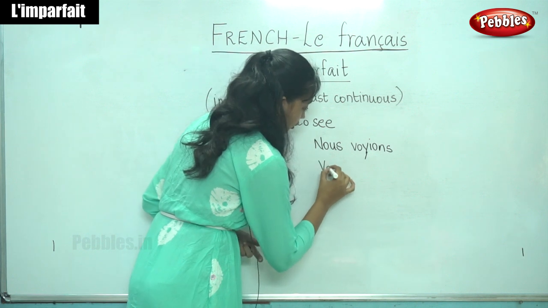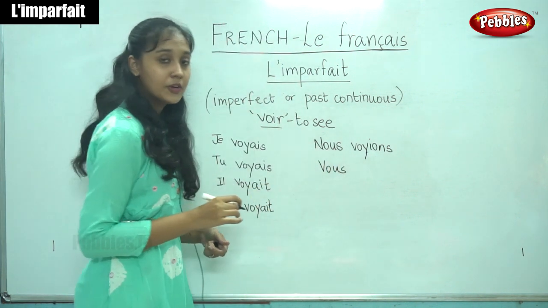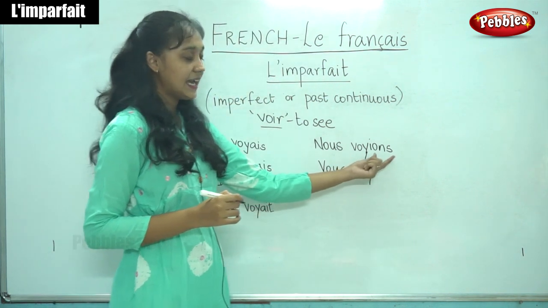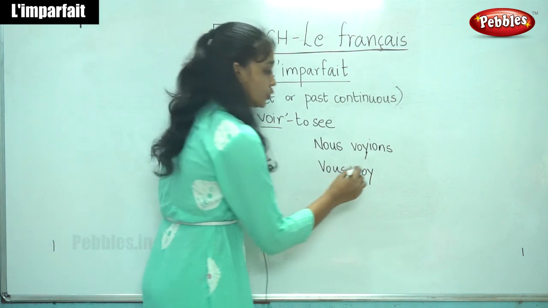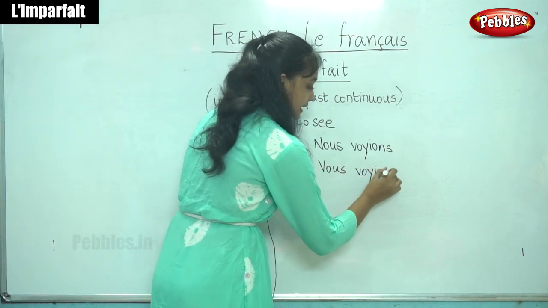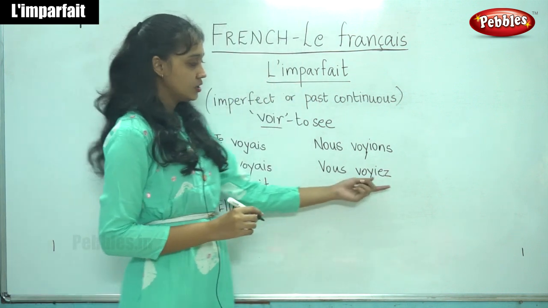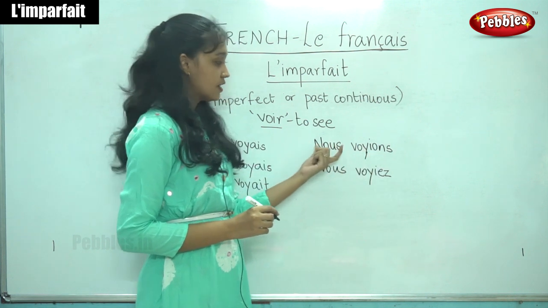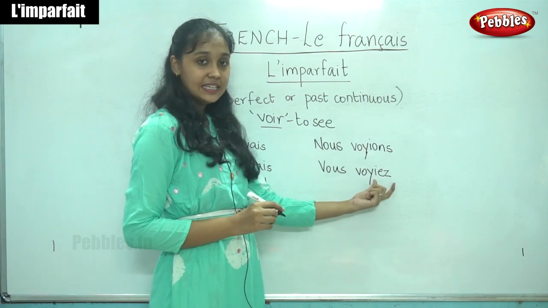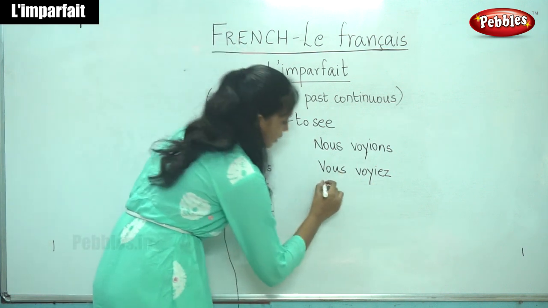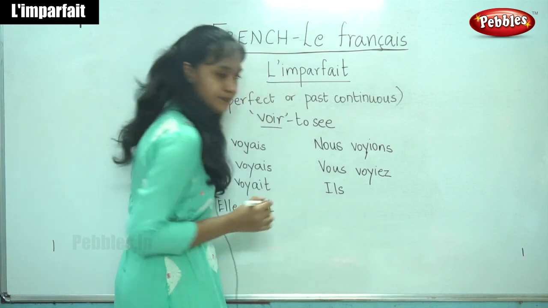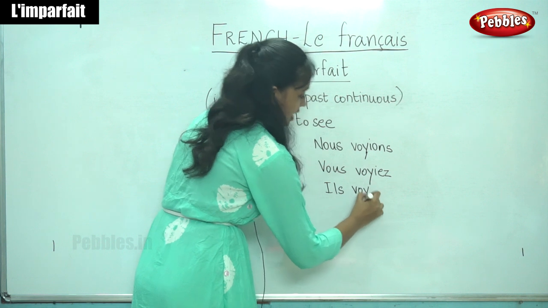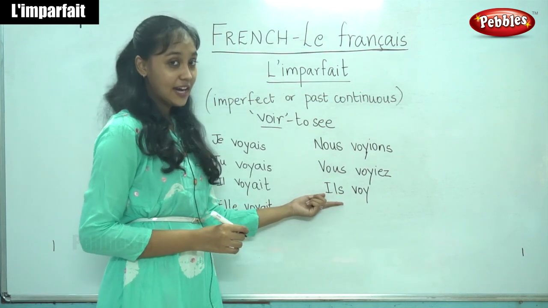Next, for vous, we write the stem followed by the ending. What is the ending for vous? It is IEZ. So we wrote the stem followed by the ending IONS for nous and IEZ for vous. For ils, we write the stem, and do you remember the ending for ils?